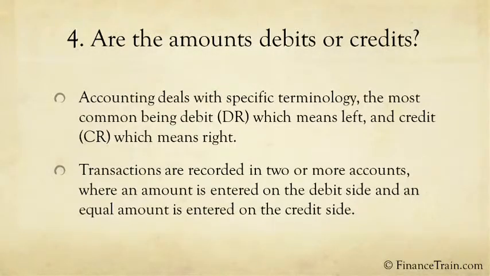The rule of debit and credit, or double entry accounting, states that transactions are recorded in two or more accounts, where an amount is entered on the debit side and an equal amount is entered on the credit side. The rule of debit and credit is a fundamental theory behind accounting procedures. The practice of recording amounts on two sides is intended to minimize errors.